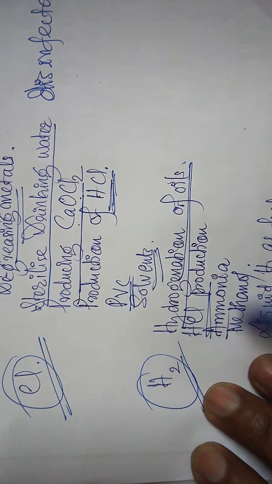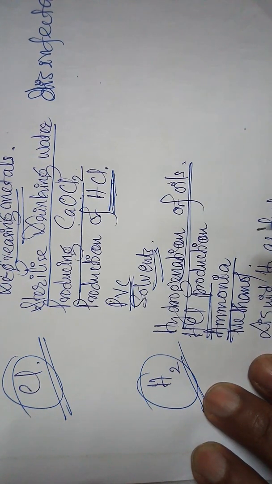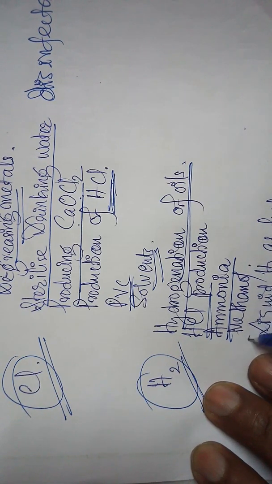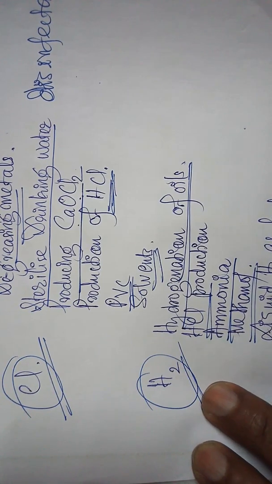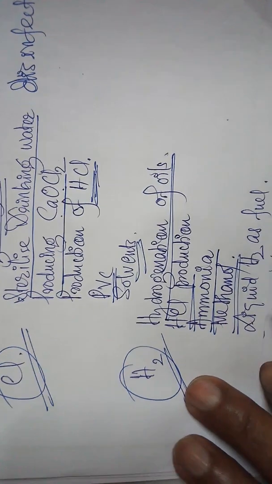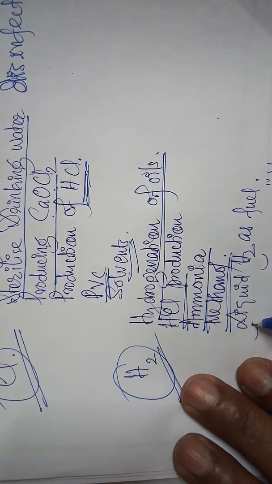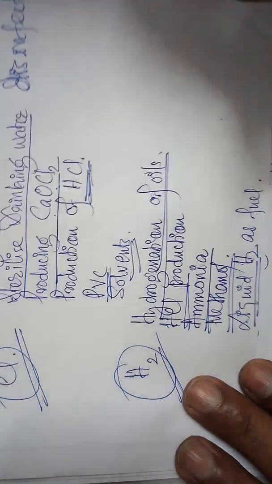Hydrogen is also used for making ammonia. It is used to make methanol also. Liquid hydrogen is used as a fuel in rockets.